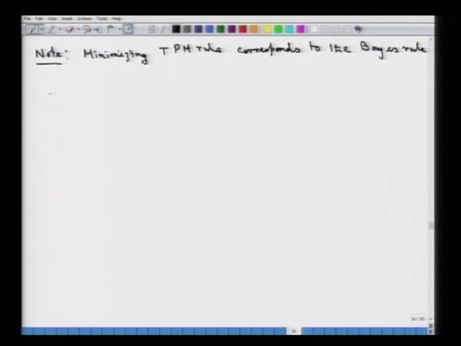Let us look at a more general case. Suppose we have C classes, say pi 1, pi 2, up to pi C. These are the C classes with a priori probabilities given by, say, p(pi 1).